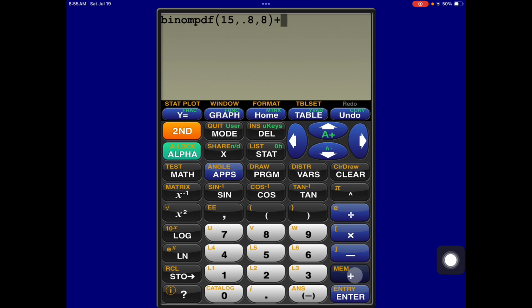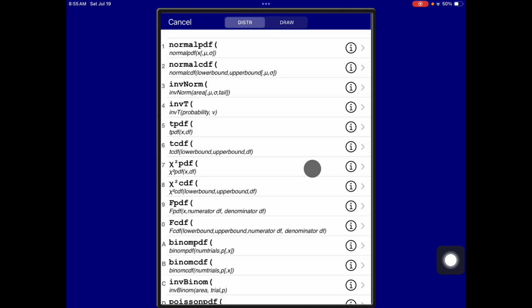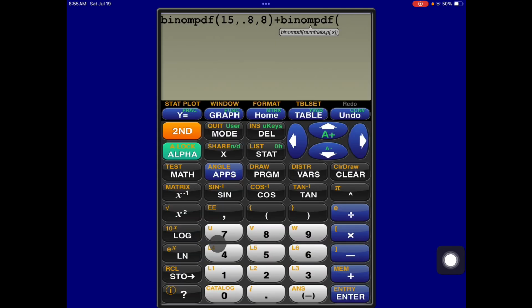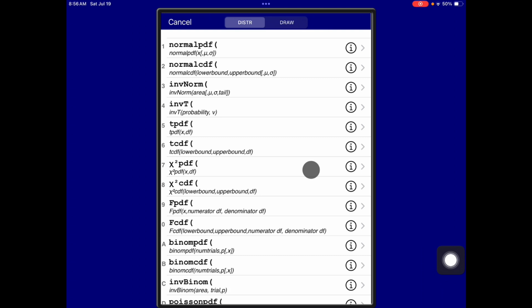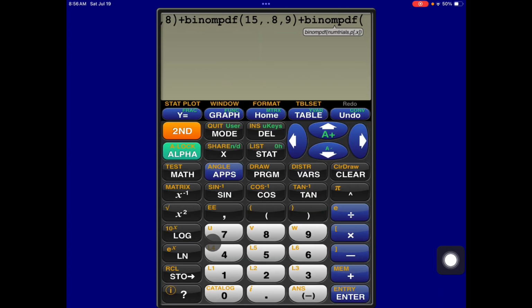Close your parentheses, plus, we're going to do this again. So I'm going to hit second vars, binomPDF, 15, comma, 0.8, comma, and then this time our x value is 9. Close your parentheses, plus, and then one more time, second vars, binomPDF. Still our n is 15, our p is 0.8, but this time our x value is 10.